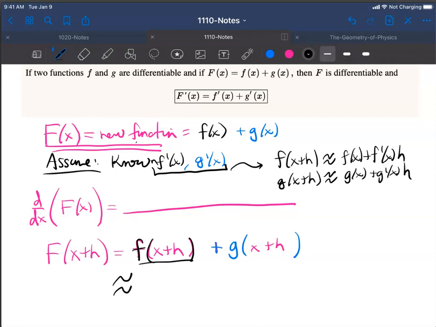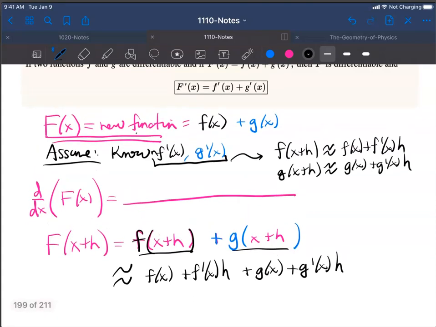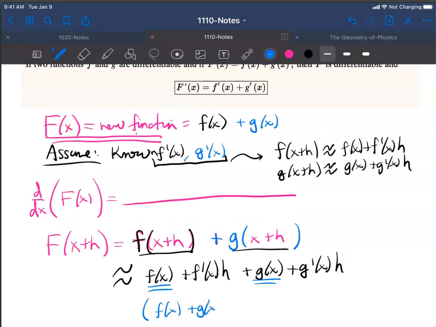f of x plus h is approximately f of x plus f prime of x times h. And then there is another term, g of x plus h, which can be approximated as g of x plus g prime of x times h. Now look at this, a little bit of algebra, reorienting these, because addition can be done in any order. There's f of x plus g of x. We can see here that there are two terms that have h in them, so we'll factor it out, and then we get f prime of x plus g prime of x.